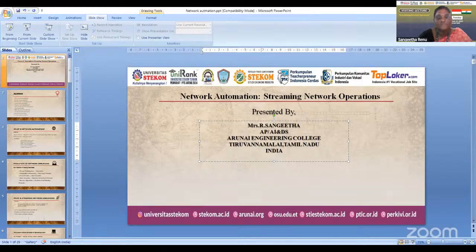Next, what is streaming network operations? Streaming network operation is the use of real-time continuous data streams from network devices to monitor, analyze, and automate network operations instantly. It involves continuous real-time network data collection, enabling automated actions and analytics, and push-based versus pull-based monitoring.